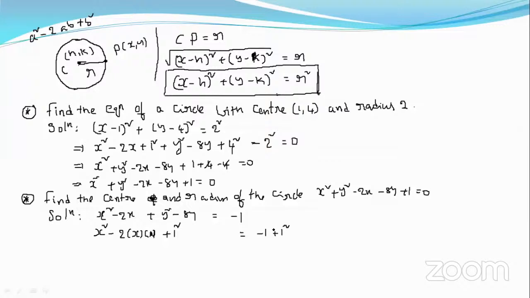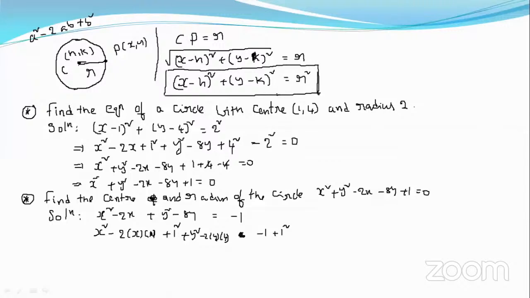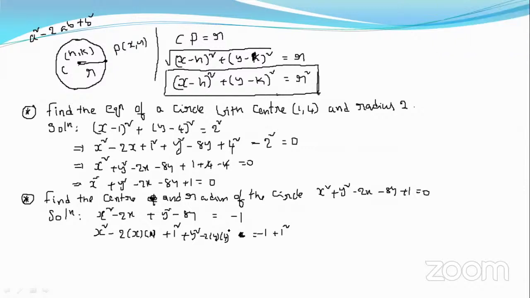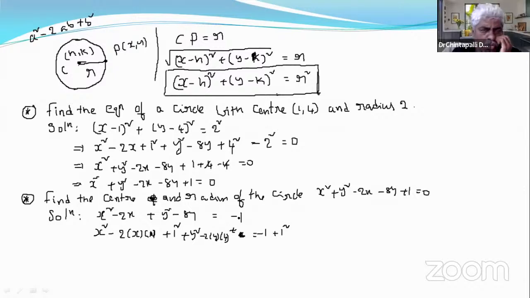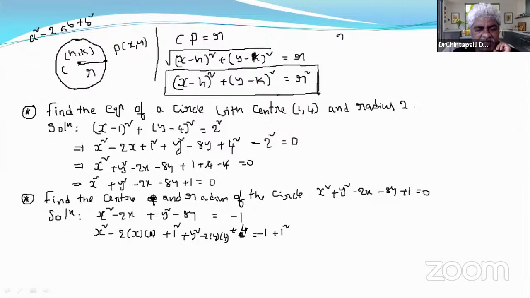Okay, it's completed. Next, it is y square minus 8y, which means 2 into y times 4. What is needed to complete the (a minus b) whole square formula here? Not 4, 4 square. 4 square is needed, that's why we add 4 square on both sides.